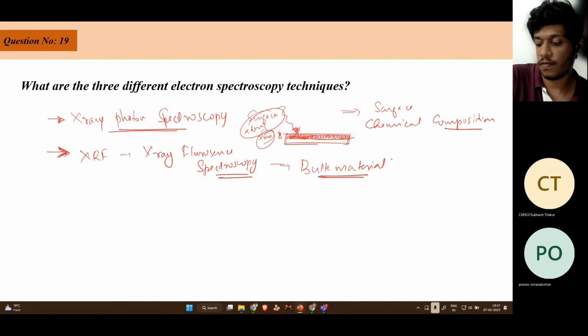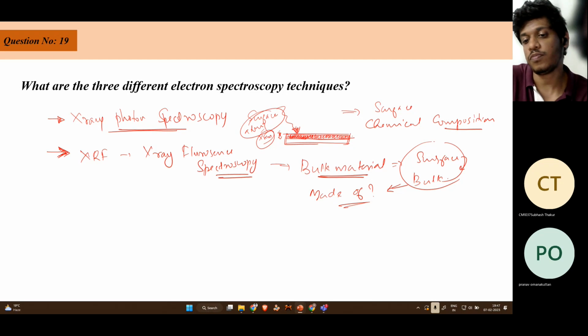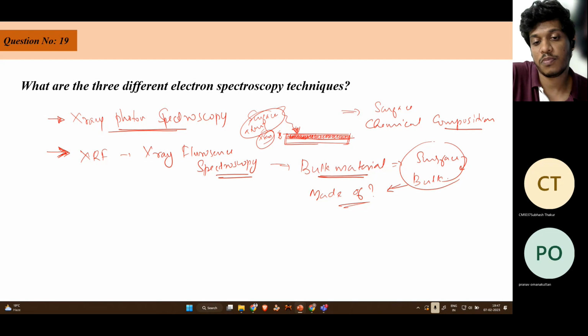In XRF, instead of just getting information about the surface, we can get information about the bulk. So actually here we can know what the bulk material is made of, and what the composition of this bulk material is.